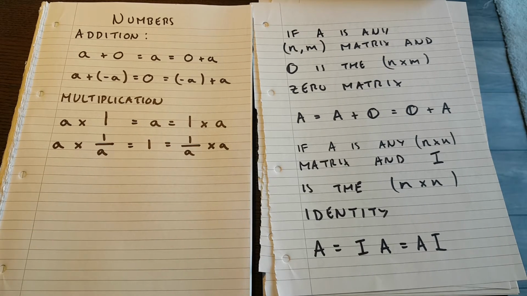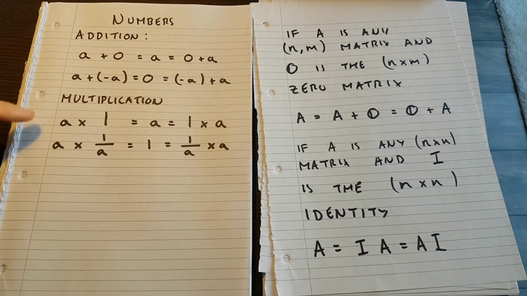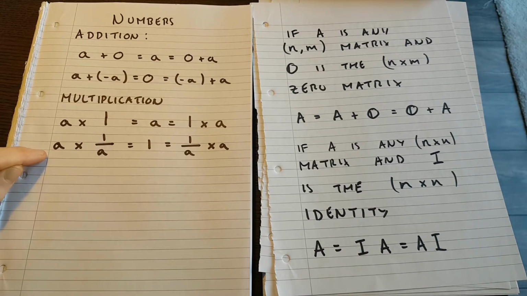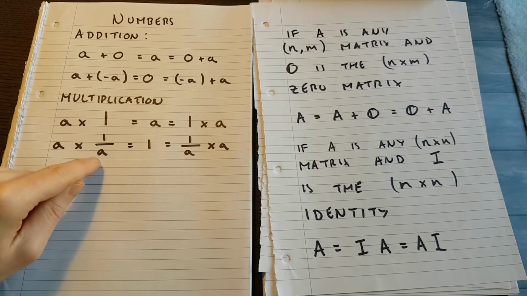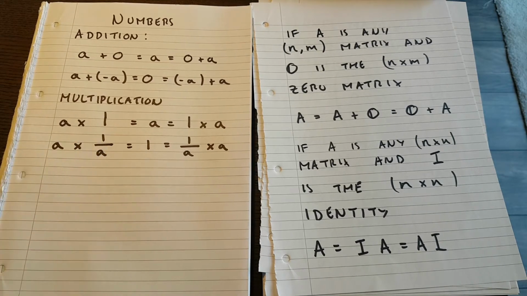Sorry, I'm going a little bit hoarse. Okay, so always true, always true, always true. This one is a little bit different. Why? This one is not always true because 1 over A is not always something that exists.